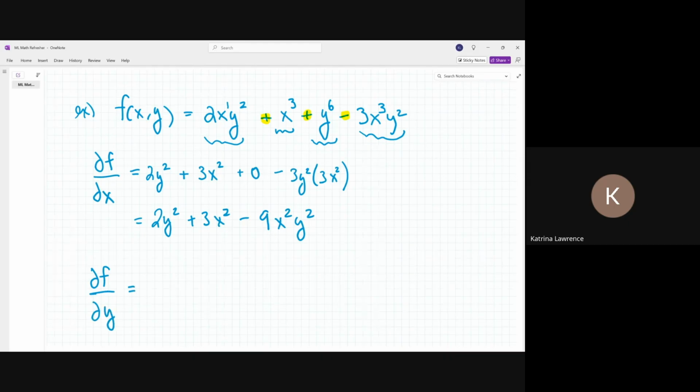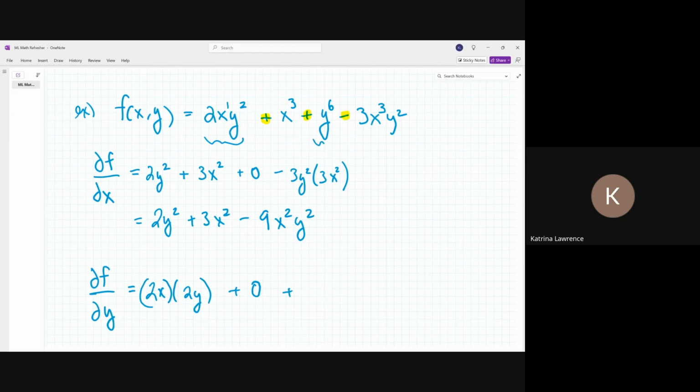So that means, again, we're going to be treating x as a constant. So we'll start with our first term again here. We've got 2xy squared. So following power rule, we keep our constant here, and then we've got 2y by the power rule. The second term, since we're differentiating with respect to y, we're going to get a 0 because x is treated as a constant.